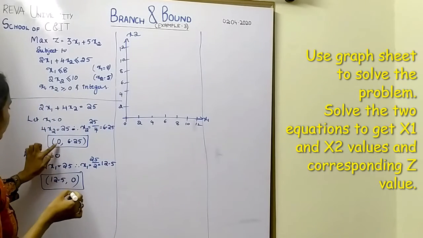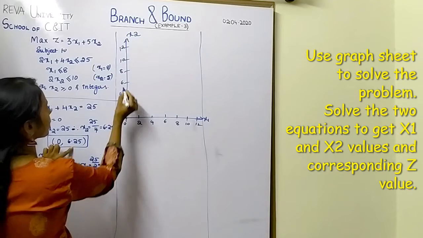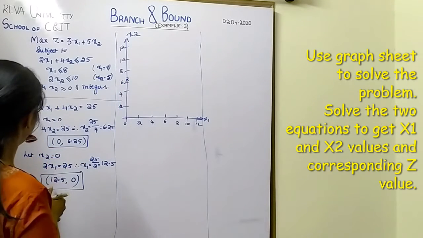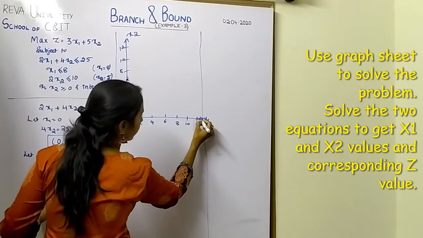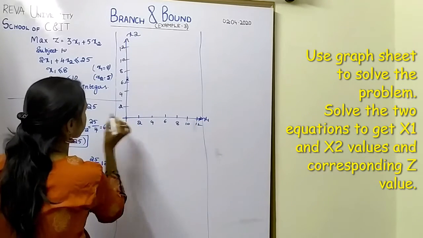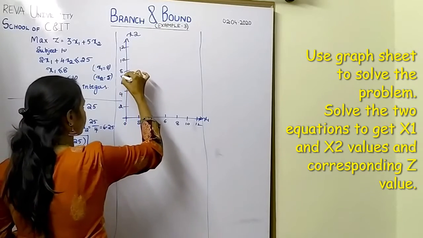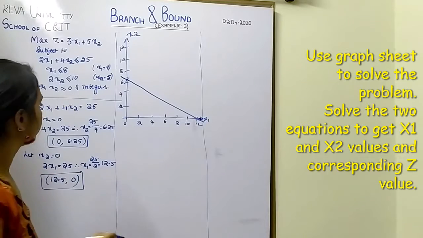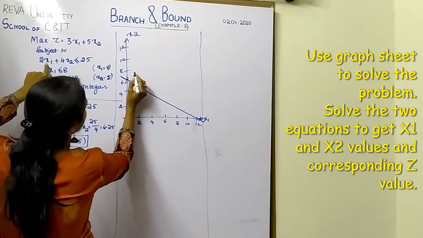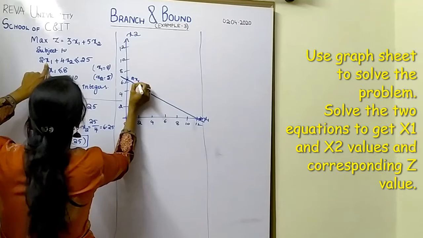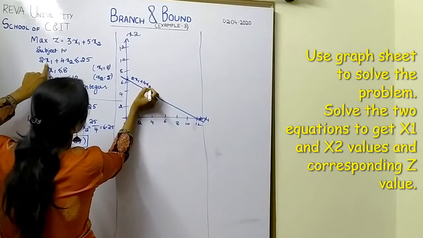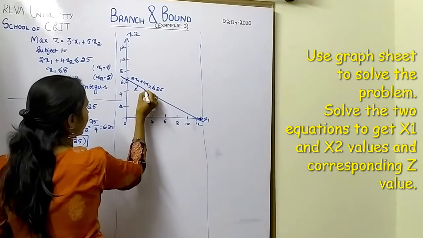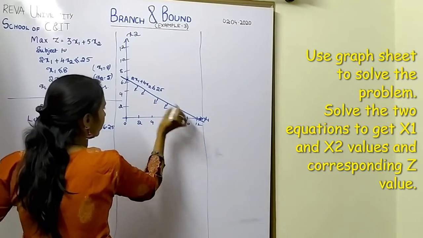Now the first point is x1 is 0, x2 is 6.25, somewhere here. x1 is 12.5 somewhere here, and 0. So we'll join this. This line represents 2x1 plus 4x2 is less than or equal to 25. So your solution will be within this region.